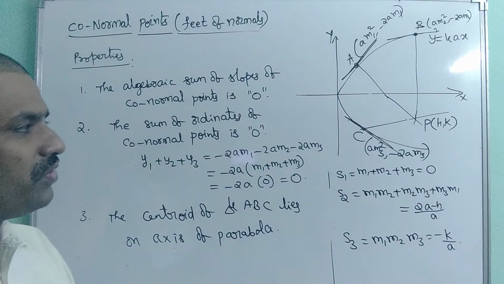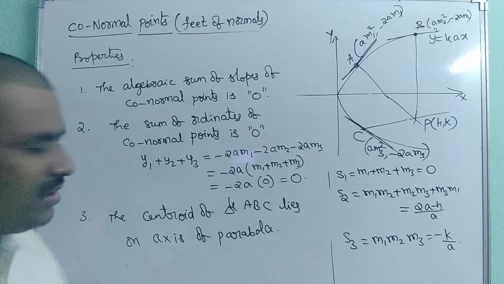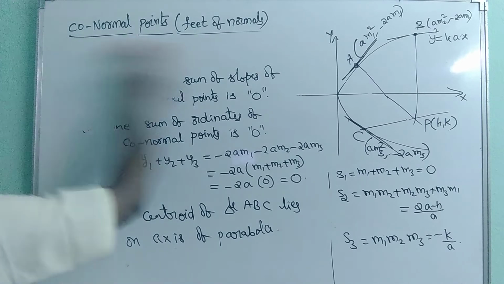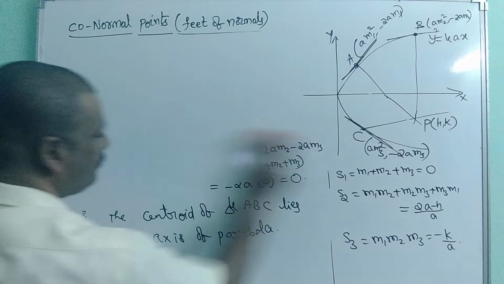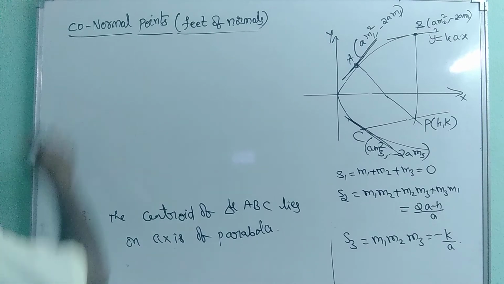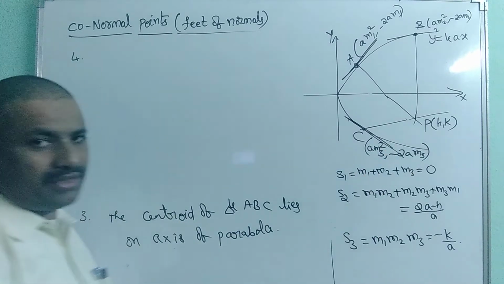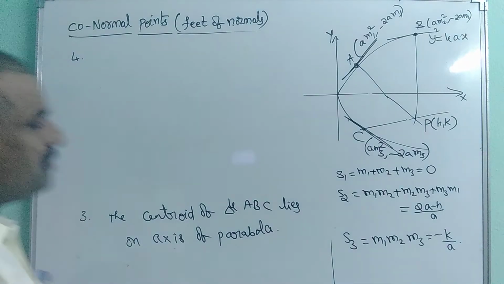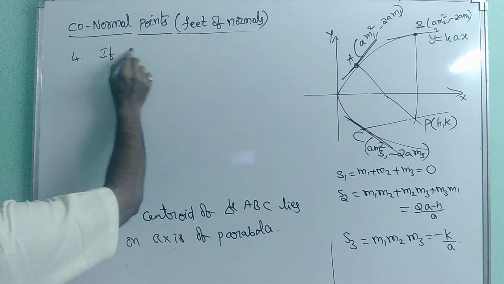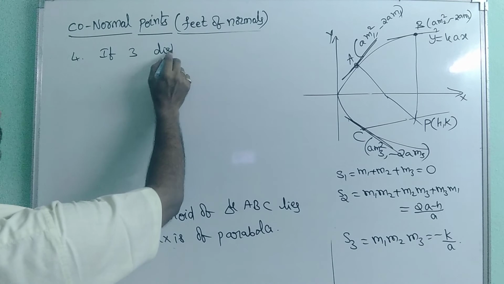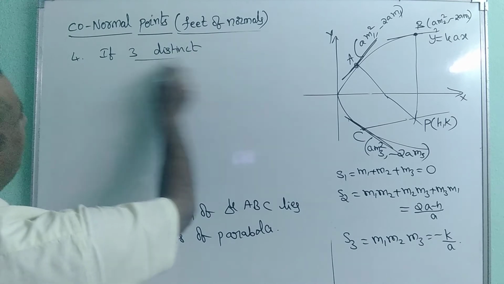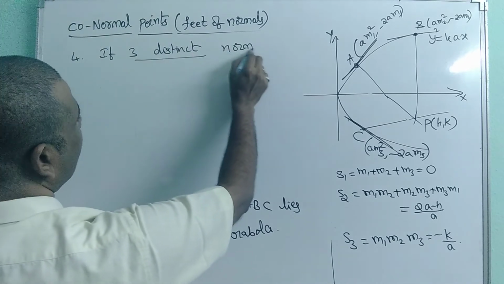Now there is one very important point, the fourth one. Suppose from the point P of h comma k, three distinct normals are drawn.